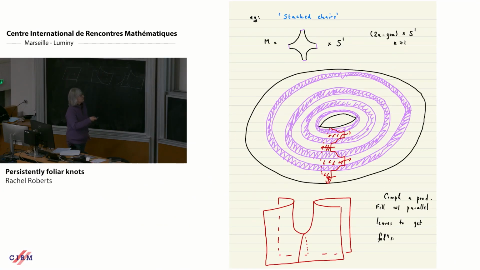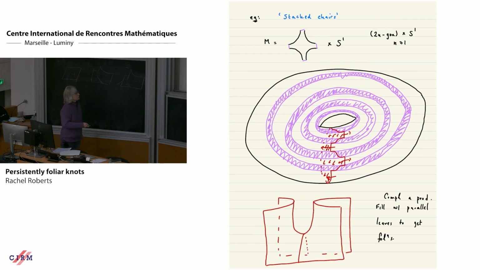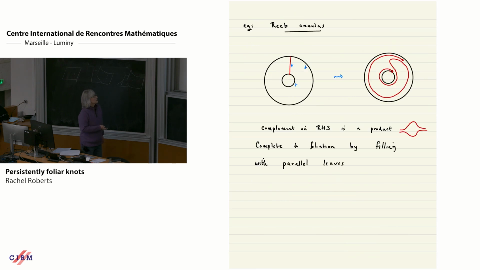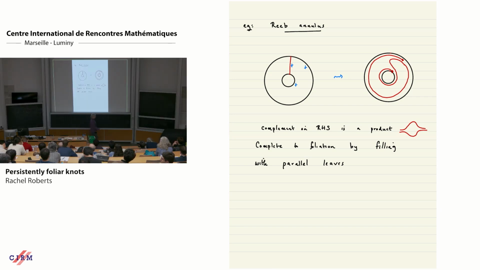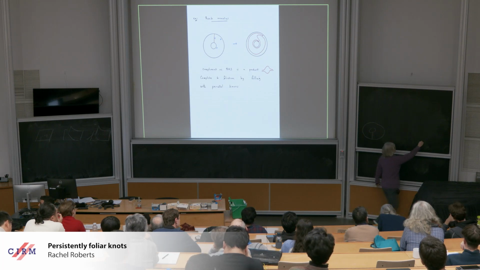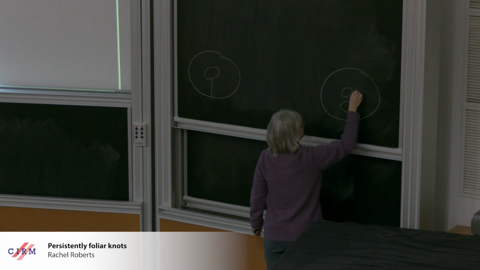If we go back to the earlier examples, let's go all the way back to the Reeb component. If you think about this annulus that we had, we started like this. We ended up like this.